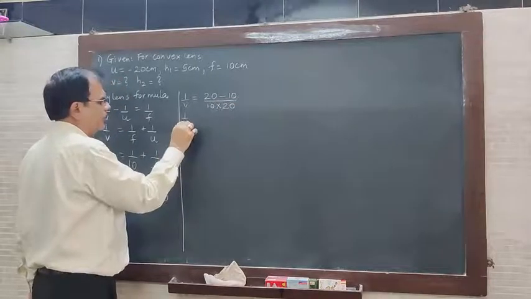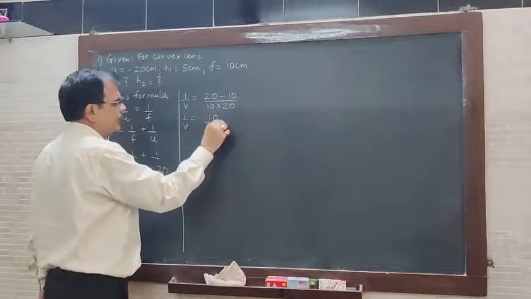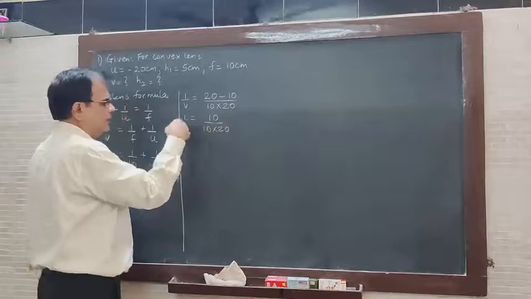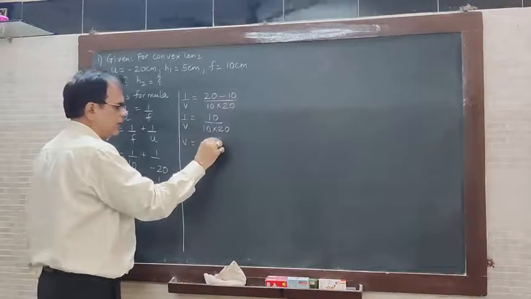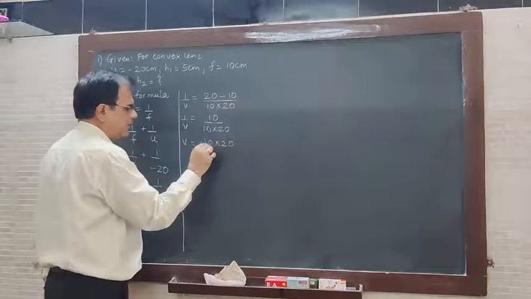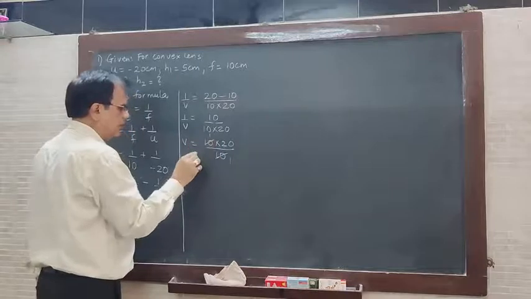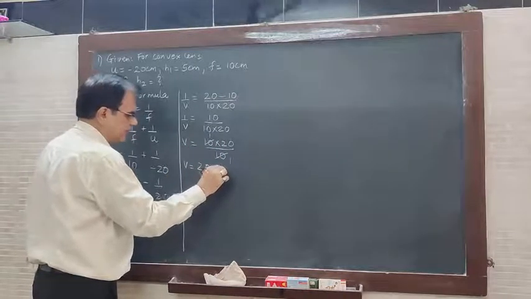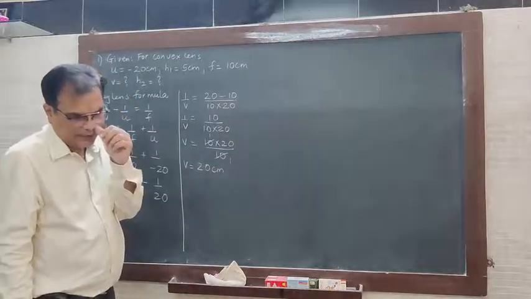So 1 upon v is equal to 20 minus 10, that is 10 upon 10 into 20. Take the reciprocal of this. So v is equal to 10 into 20 upon 10. So 10 ones are 10. So v is equal to 20 centimeters. Okay. So v is equal to 20 centimeters.